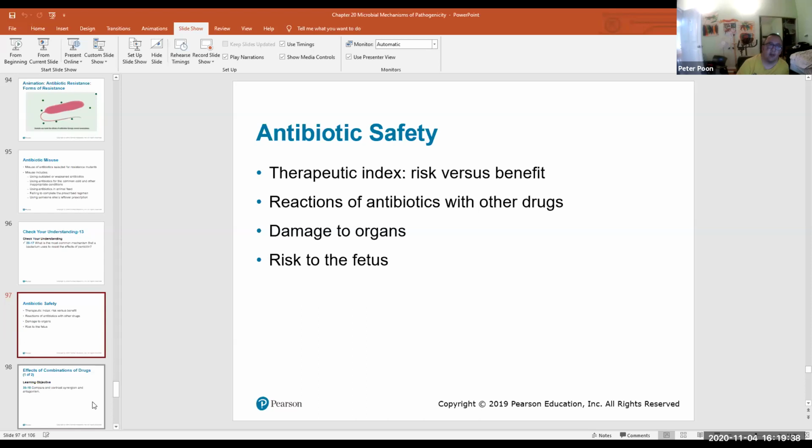The top number is the maximum amount that you can take before there's risk. The bottom number is the minimal amount at which there is a benefit. The bigger the difference between the two, the more useful it is. The higher the therapeutic index, the better.